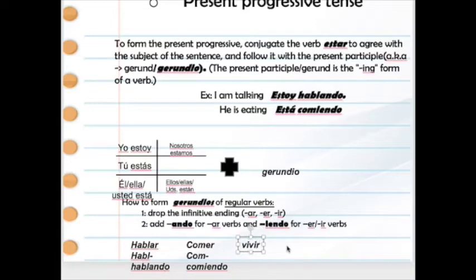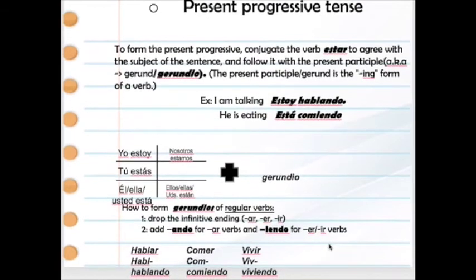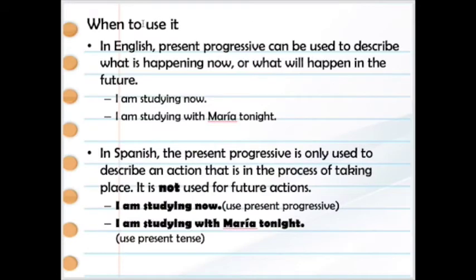Same thing here. Vivir means to live. We're going to have viviendo. And that's what you're going to be looking for. We're going to be looking to drop that ending and then add the ando or yendo depending on the form of the verb we're using. It's AR, ER, IR. Let's go to the next one.